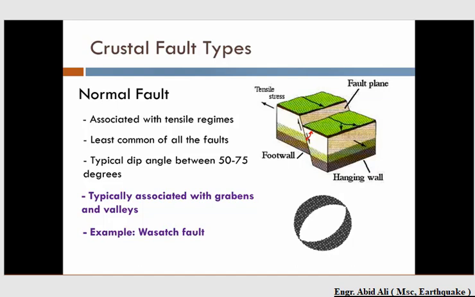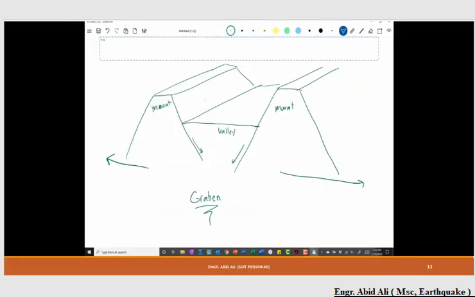Let's say this is my mountain range with a valley. Let me show you that. Mountain range with a valley in the middle. If we have mountains over here and here, and then a valley right here in the middle, and this is an extension regime, that means something is pulling these mountains apart.